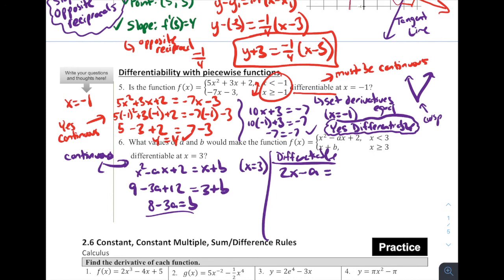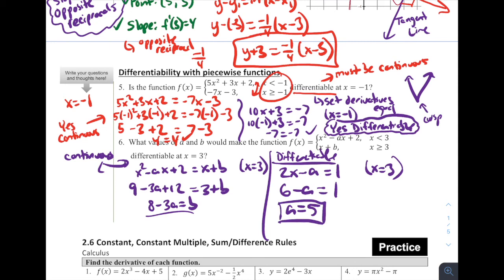Derivative of x is going to be 1, and the derivative of b is a constant, that's going to go away. So I know that 2x minus a is going to equal 1 when x is equal to 3. So that means that 6 minus a has to equal 1, and that means that a is going to be equal to 5 for that problem.